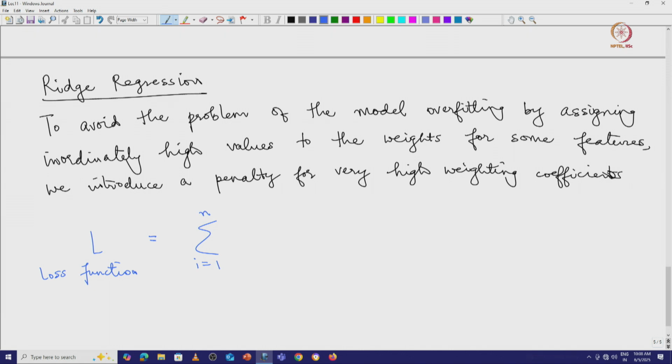So you were summing over all the data points and you were capturing the difference between the true value yi and the predicted value of the model, which was beta naught plus sum j going from 1 to p, summation over all the features xij beta j. So these beta j's are the weighting coefficients. Okay. So this was the sum of squared errors.